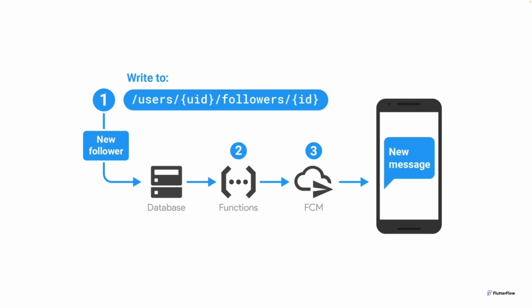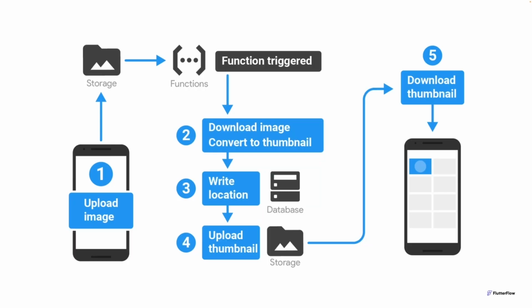Imagine that your app has a social media style, and if people follow other people, you want to send them push notifications. Another example: imagine your user uploading a very big size image. That means when you are loading that image to the app, it will take longer to load depending on the internet speed.